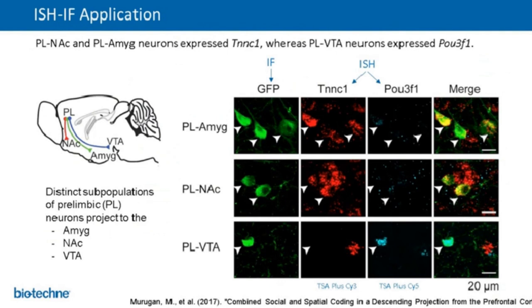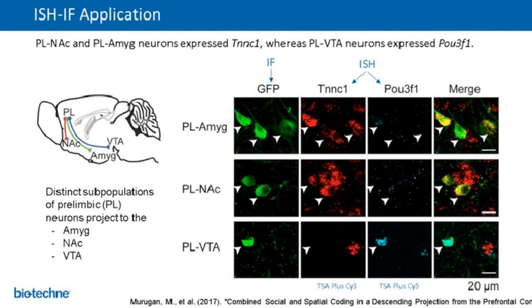This is an example taken from a publication by one of our customers, published in Cell last year. They were trying to categorize the 3 distinct subpopulations of prelimbic neuron projections. They used the GFP antibody staining to identify the 3 neuronal populations and used RNAscope to detect 2 mRNAs, TNNC1 and POU3F1.